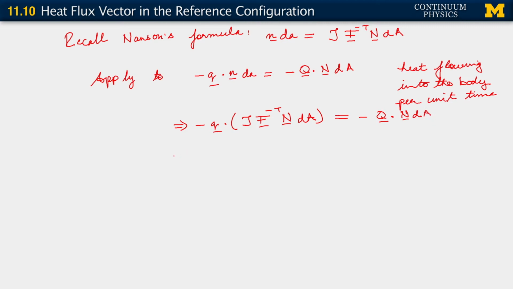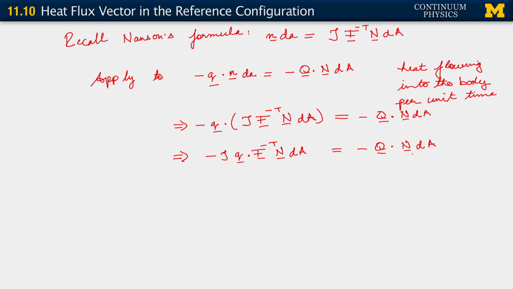And then by observation, we note that we must have, well, okay, let me do just a little more work on this. I'm going to write this as minus J q dotted with F inverse transpose N dA equals minus capital Q dot N dA.